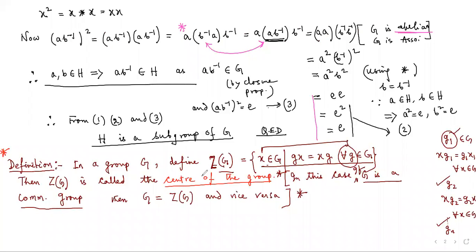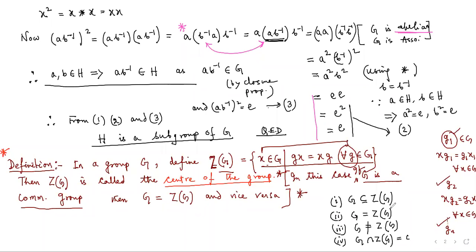I can set a question in the following manner: when capital G is a commutative group, which of the following statements is correct? One, G is a subset of ZG; two, G is equal to ZG; three, G is not equal to ZG; and number four, G intersection ZG is equal to empty set.